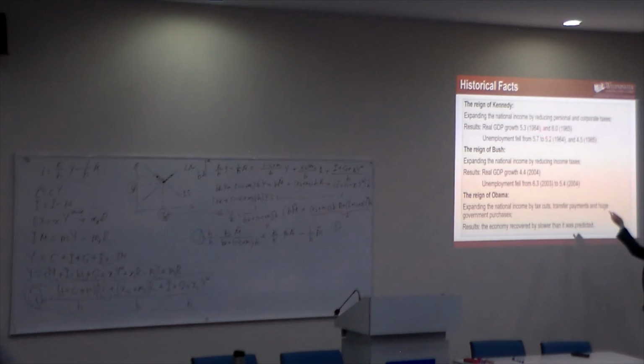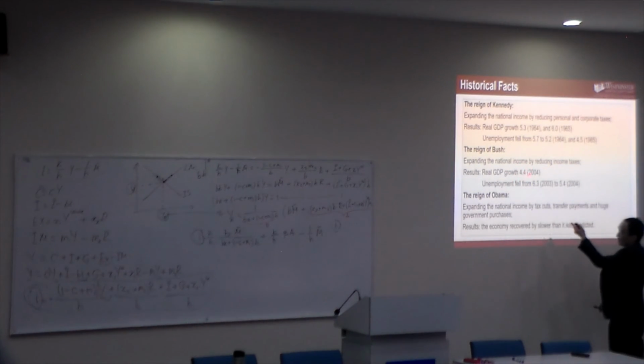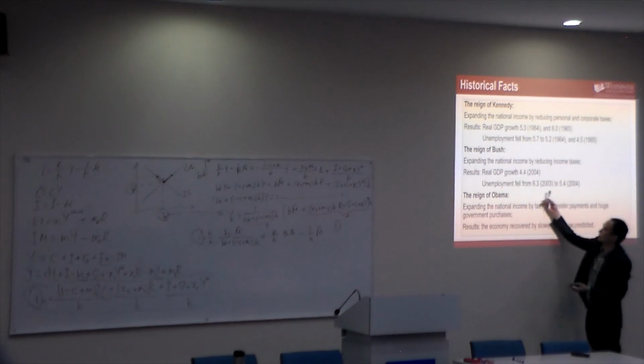Growth was higher and the unemployment rate was lower because of that policy. When Bush was president of the United States, he also implemented this, reducing income taxes. The GDP growth was this much, and unemployment was reduced.